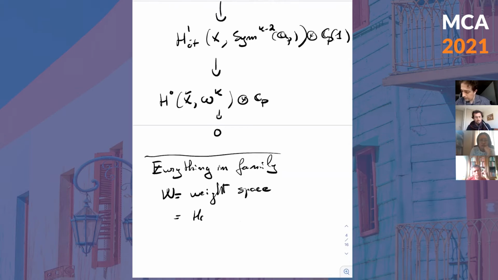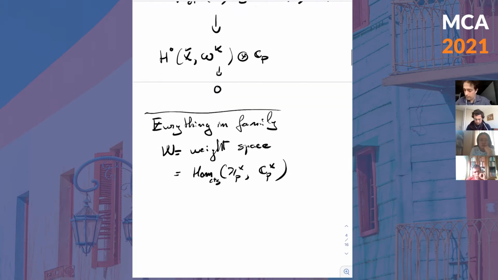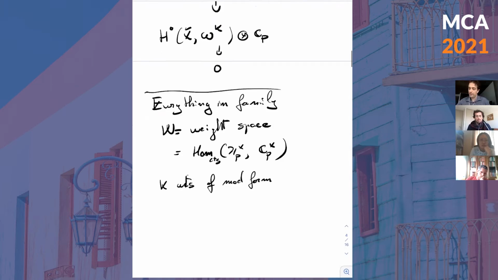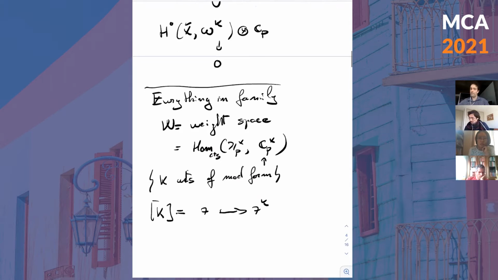It's nothing else than the continuous homomorphisms between ZP star and CP star, homomorphisms of groups, and all the k weights of modular forms can be embedded inside here. If I consider the morphism k that maps z to z to the k, this is a well-defined map.